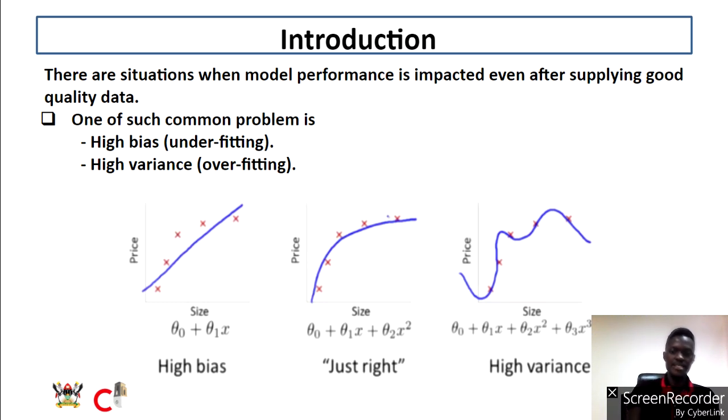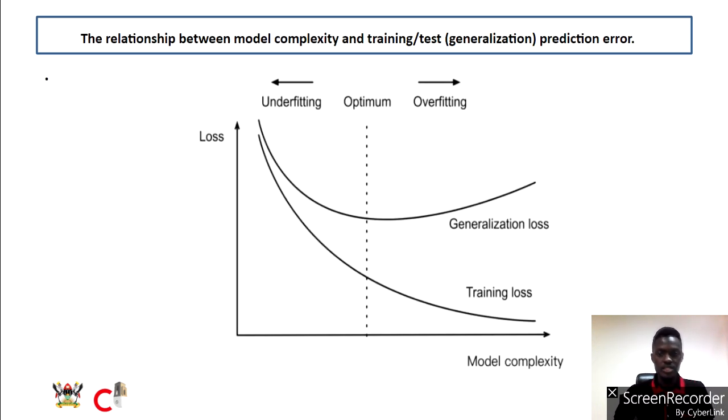So we want a model that is just right. We want to find a middle ground, or a right fit, a place where it shouldn't be overfitting or underfitting. We want something that can generalize to different data. It shouldn't be 100% accurate, but as long as it is optimal and it can work with different data.